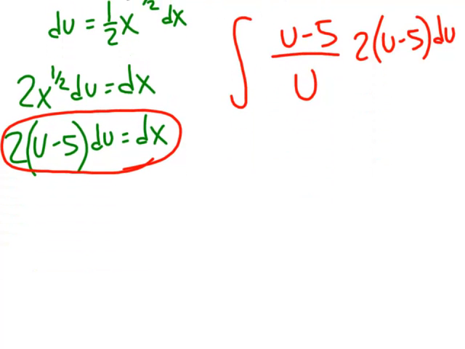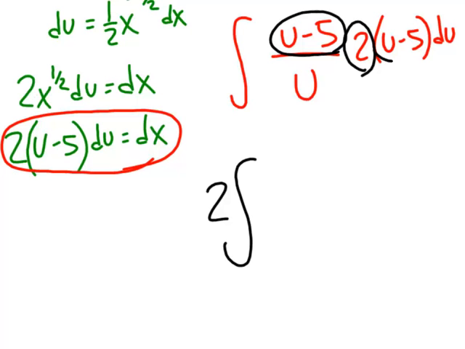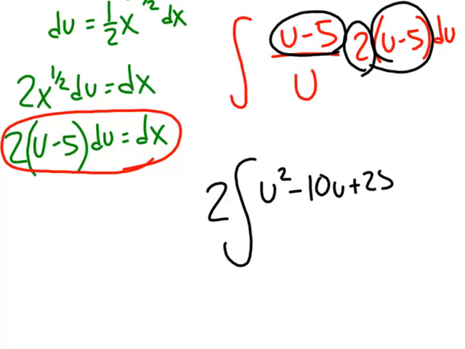All right, let's bring this 2 to the outside. So 2 integral. Let's distribute out the u minus 5 times another u minus 5. That's going to give us u squared minus 10u plus 25 all over this u, and then du.